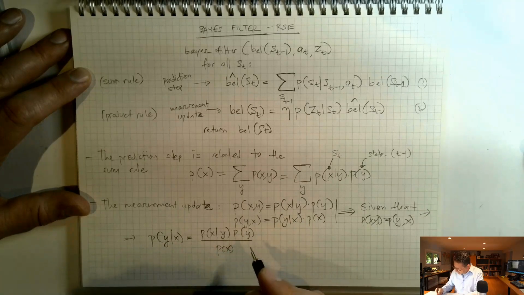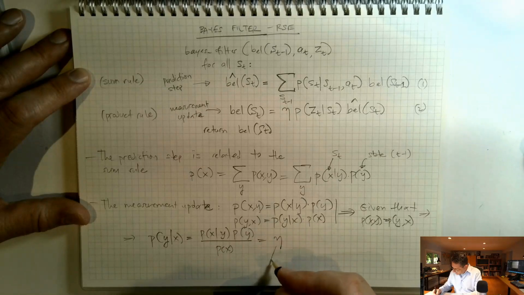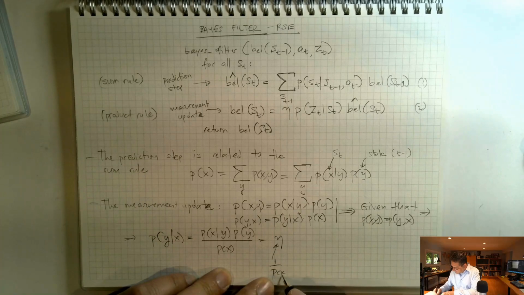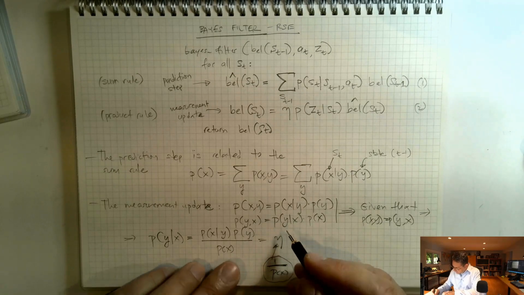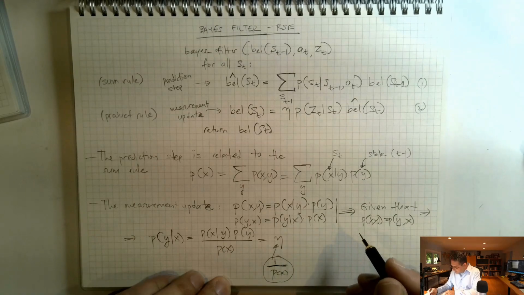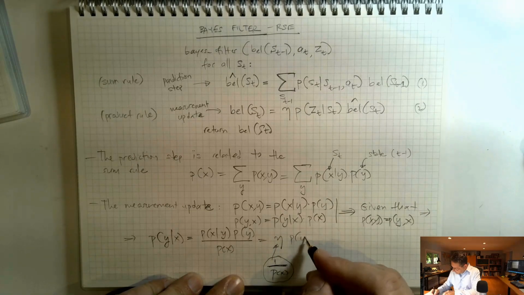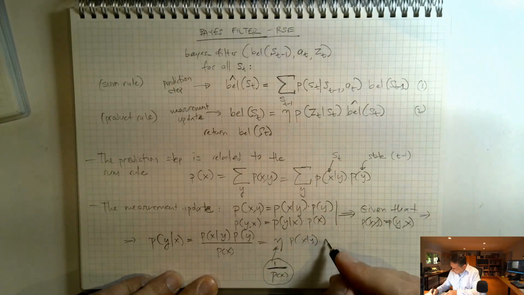p of x. And actually we can write that as eta, where eta is associated with the normalizing factor 1 over p of x, which is sometimes very difficult to estimate, but in this case we will see that it's straightforward for the case that we will do, which has to do with a discrete version of this Bayes filter, the first implementation we'll see in a moment, times p of x given y times p of y.